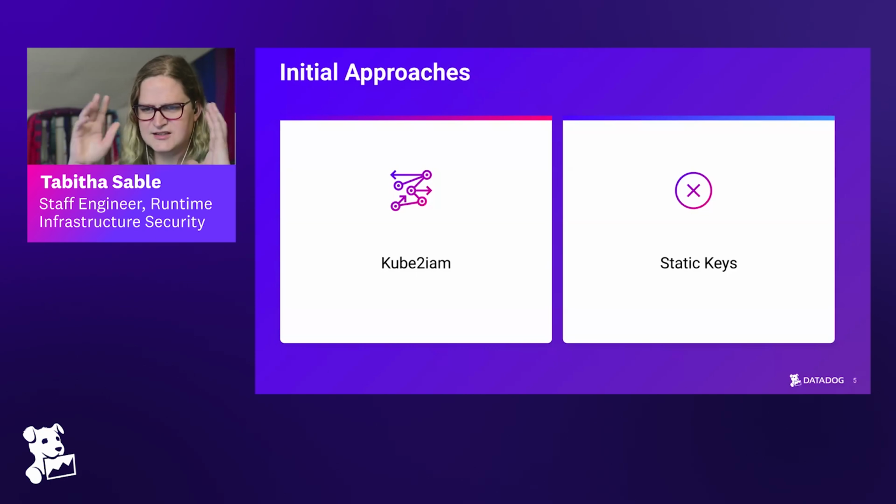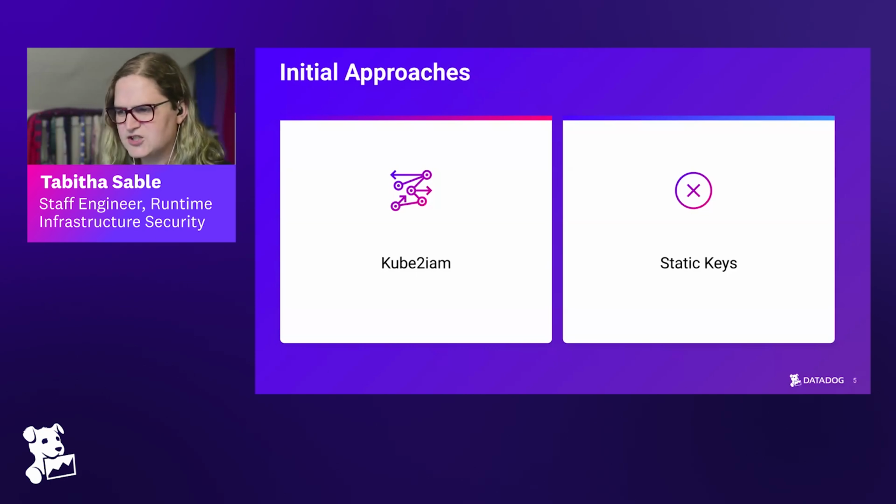And there's an interesting security boundary degradation too, because Kube2IAM runs as a daemon set, which is a pod that gets automatically spun up on every node within a cluster. That means a particular Kube2IAM pod would have access to any of the AWS roles needed by any pod that landed on that node.